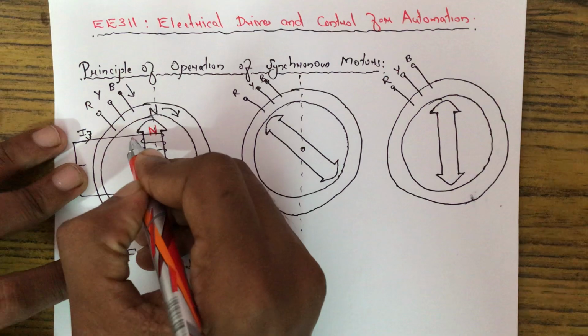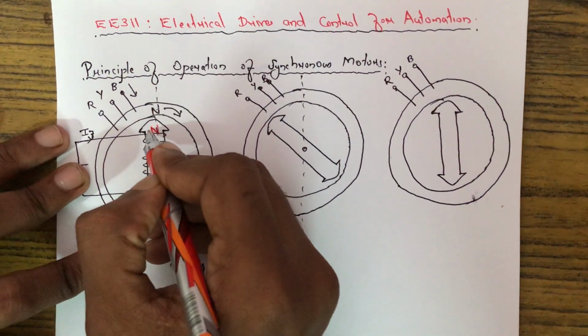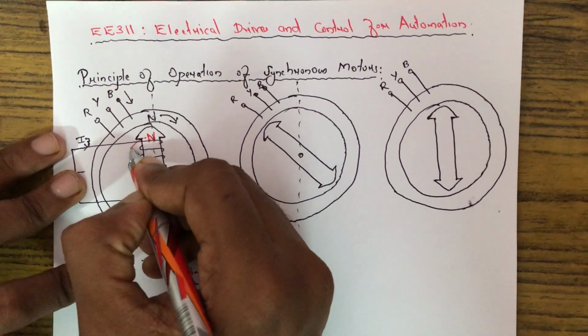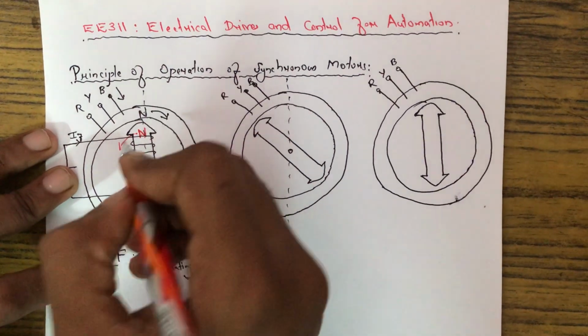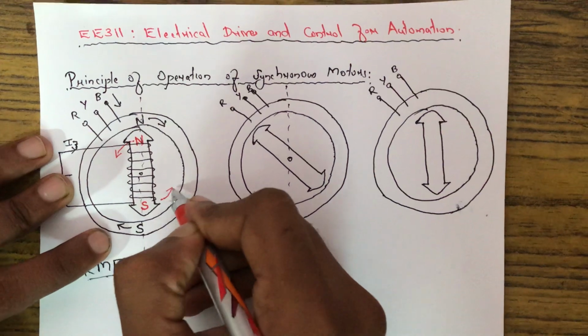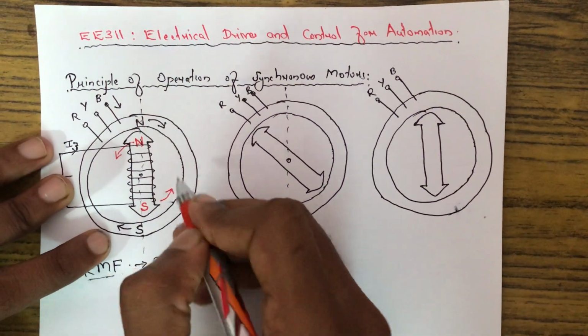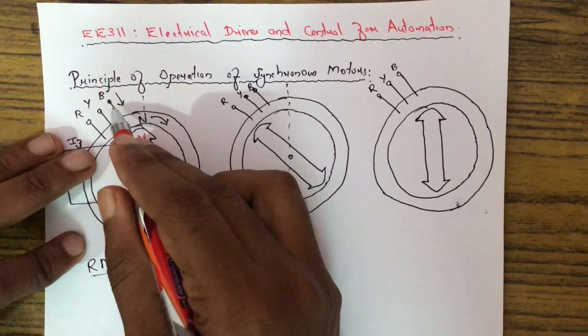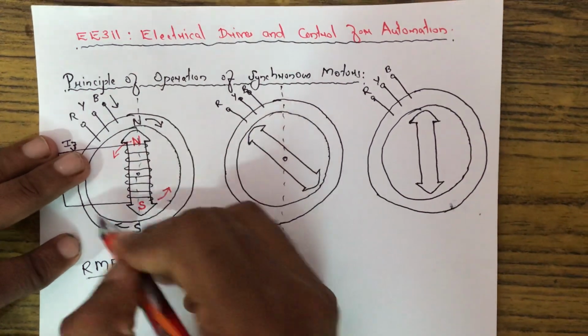This north pole will repel this north pole, right? So therefore the rotor will be pushed to this side, and this south pole will be pushed to this side. It will get repelled.